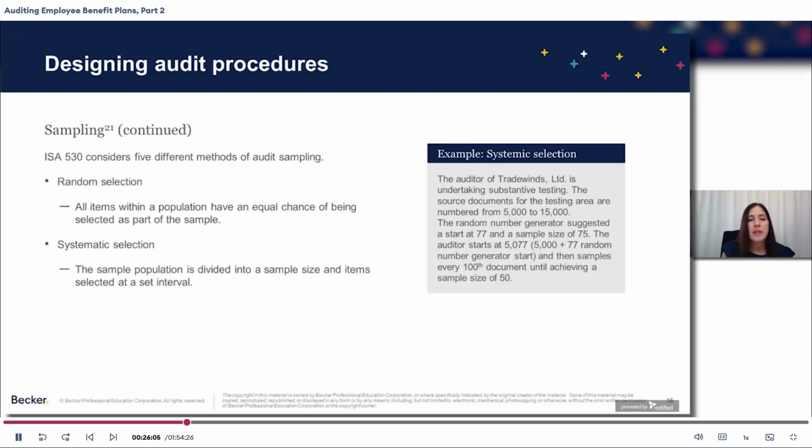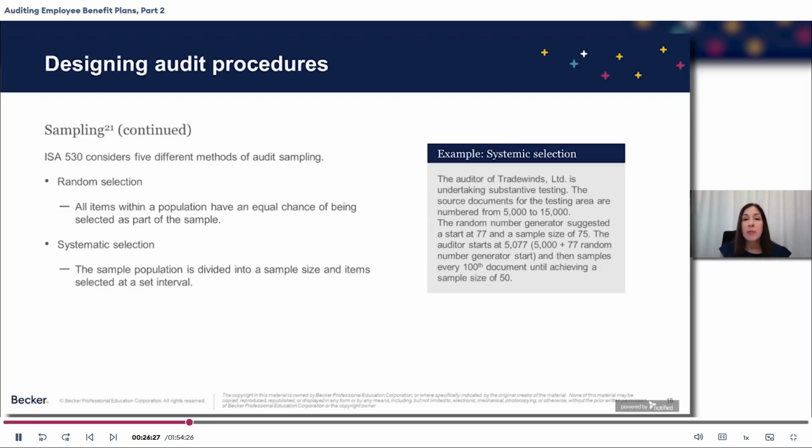So sampling, ISA 530 considers 5 different methods of audit sampling. We're going to talk about each one of these, and they're all perfectly acceptable. The first one is random selection, where all items within the population have an equal chance of being selected as part of the sample.